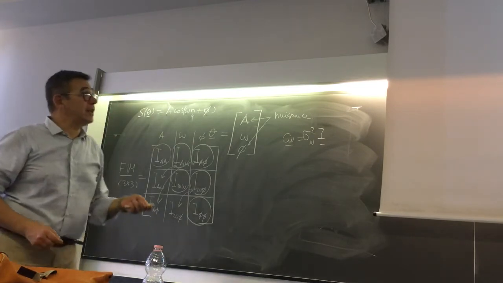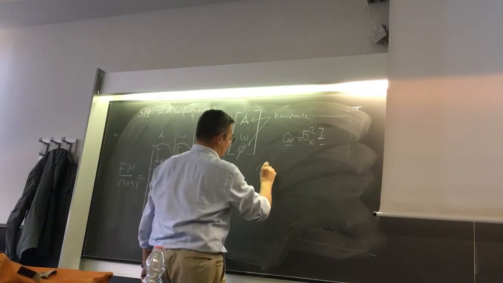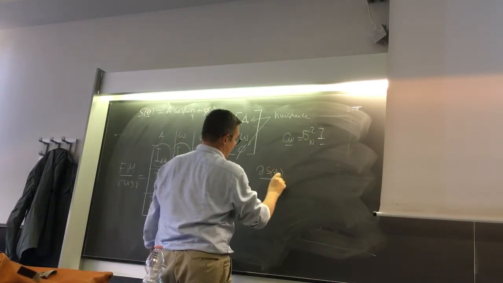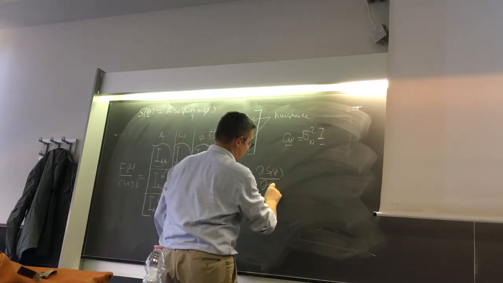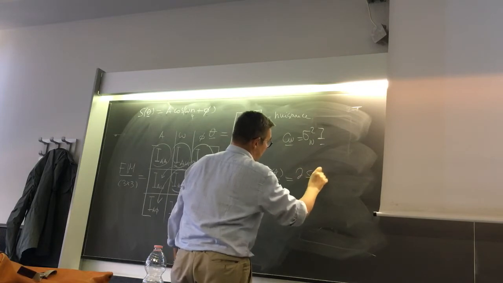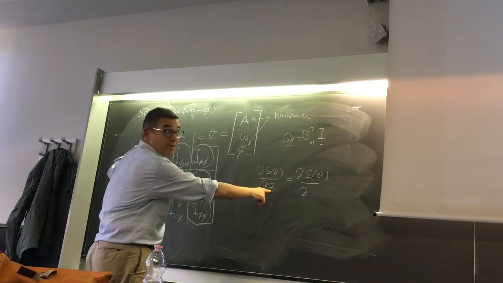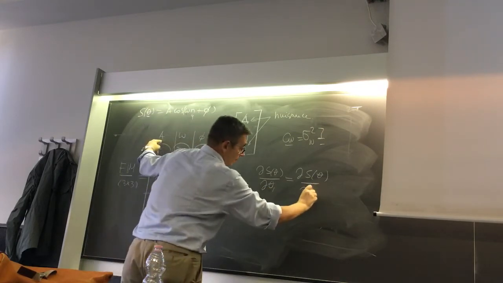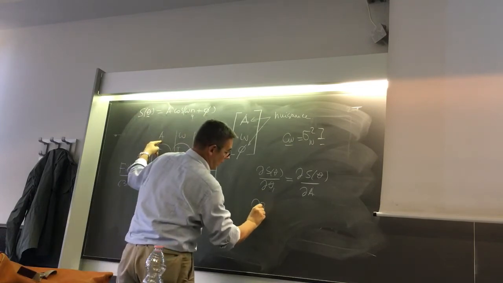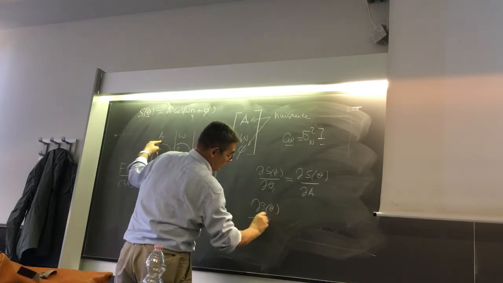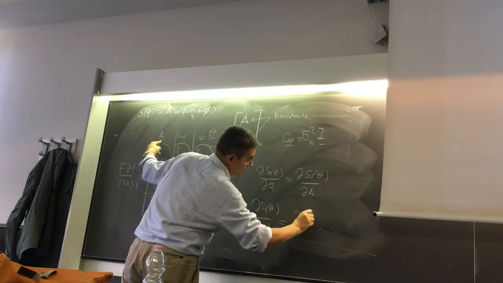So what I need to compute here are 3 terms. Let me compute it. I need to compute the derivative of s theta with respect to theta 1, which is the amplitude. Then I need to compute the derivative of s theta with respect to theta 2, which is now the frequency.